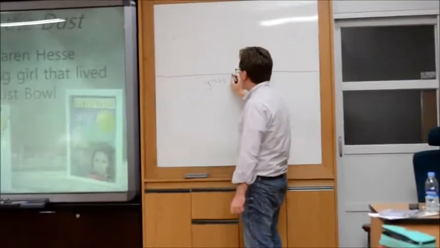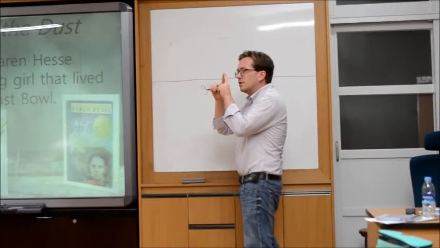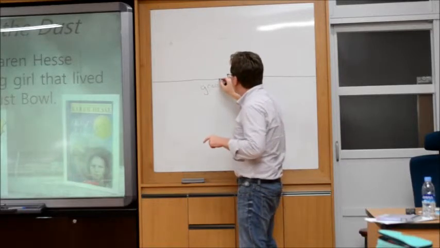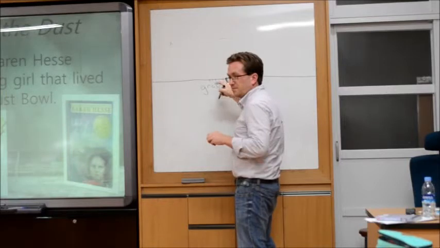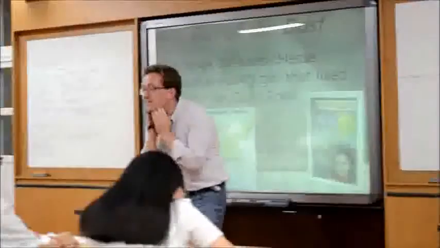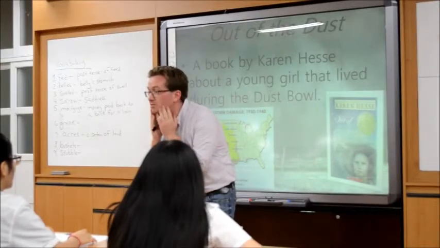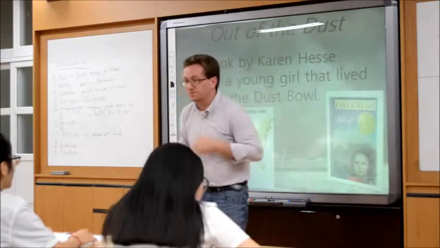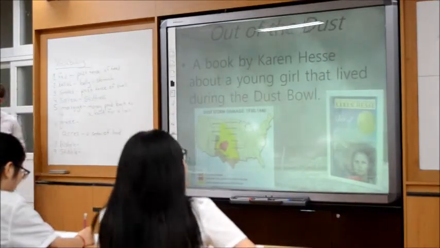When they start to come up, just their little heads poke up. Like this. That's stubble. Also, on my face, the hair starts to come out. This is stubble. Yeah. Stubble. Any more?